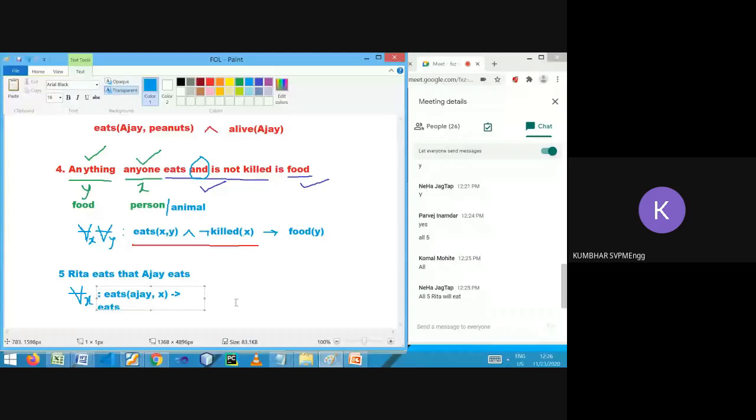Means Rita eats x. Sorry, x is the food. So all x such that if Ajay eats x, then Rita also will eat x. So this is the correct statement. Is this a correct statement?